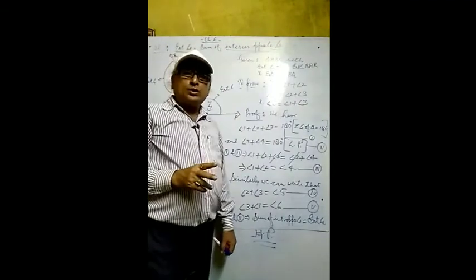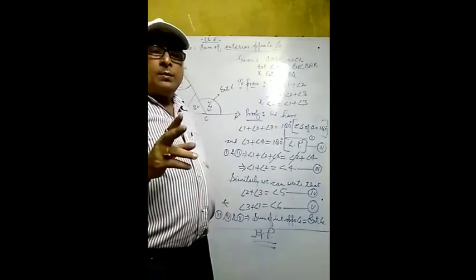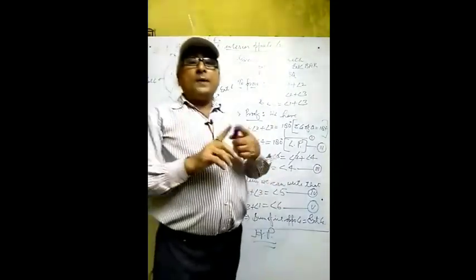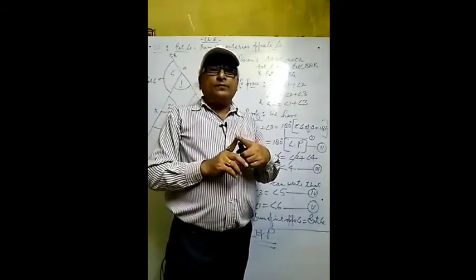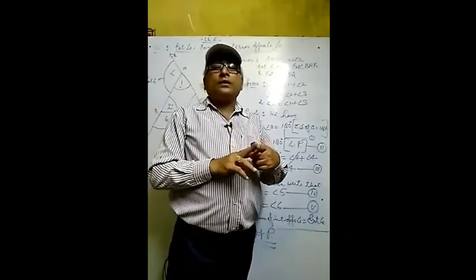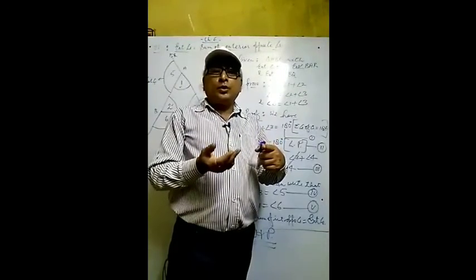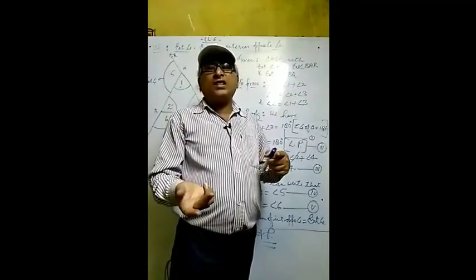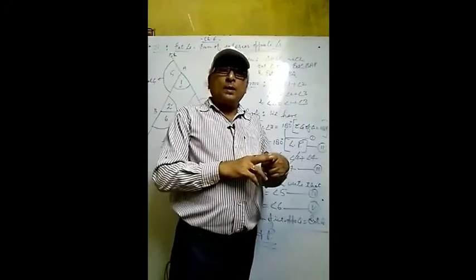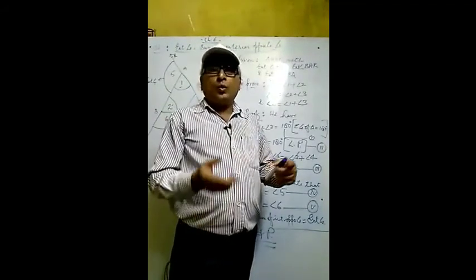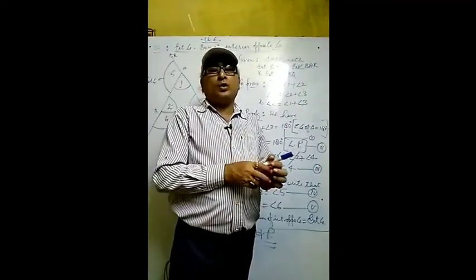Theorem one: the sum of angles of a triangle is 180 degrees, and second: the sum of interior opposite angles is equal to the exterior angle. Both properties will be used while solving exercise 6.3.